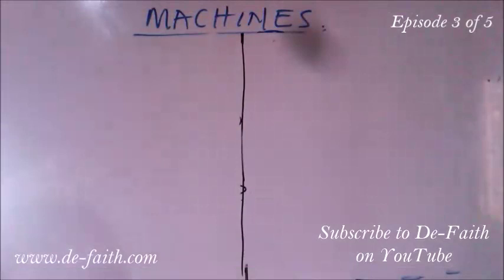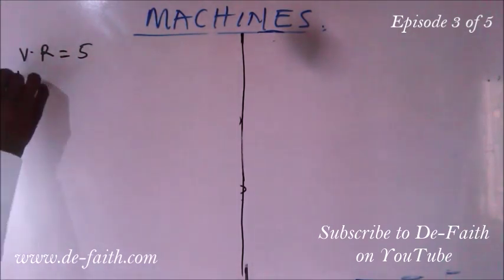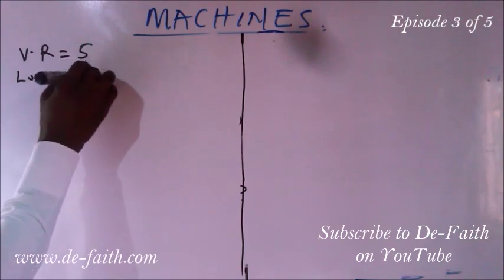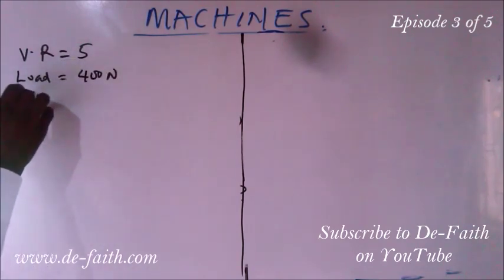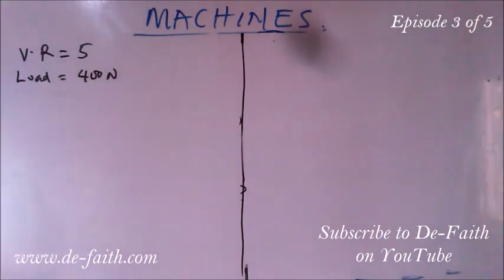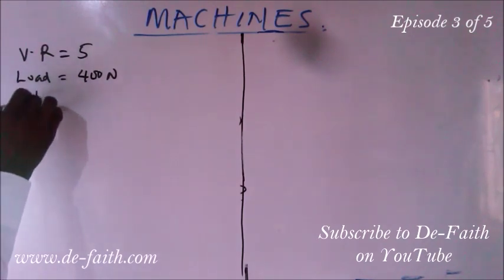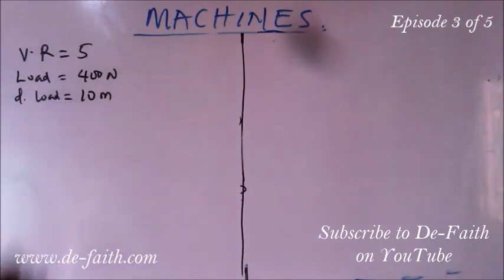So in this question, we are given the velocity ratio, because we know that the velocity ratio is the number of pulleys that are given, that is equal to 5, and it is used to raise a load of 400 Newton through that height. So we have a load of 400 Newton, and the distance moved by the load was given as 10 meters.